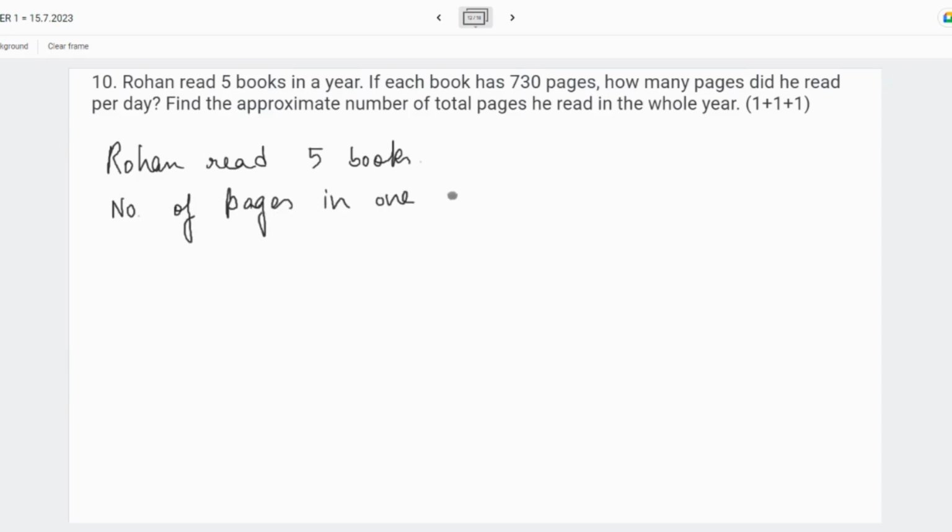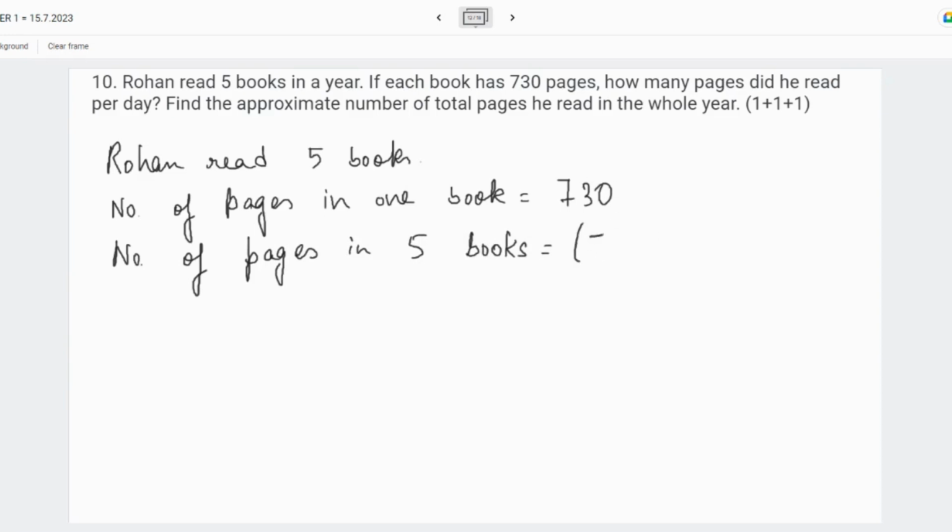Rohan read 5 books in a year. Number of pages in one book, 730. So number of pages in 5 books will be greater than 730. In one book there are 730 pages, so in 5 books there will be more than 730 pages.